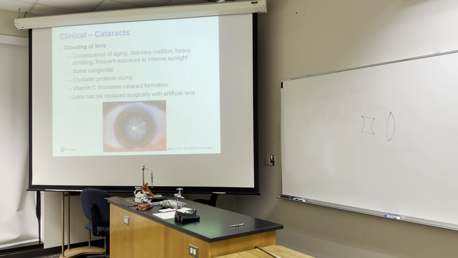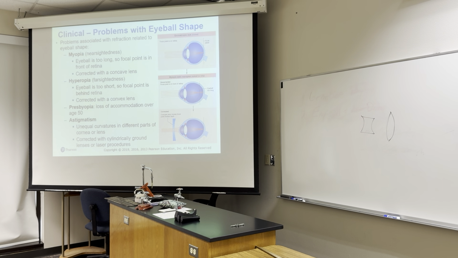We know that the reason for our very crystal clear lens is the protein called crystallin, but the crystallin protein clumps. So that is why it turns into what? Cloudy instead of clear. Vitamin C increases cataract formation. Lens can be replaced surgically with an artificial lens.